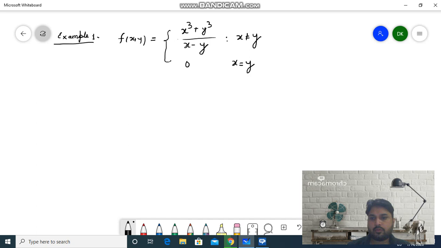So here check the continuity of f(x, y) at point (0, 0).